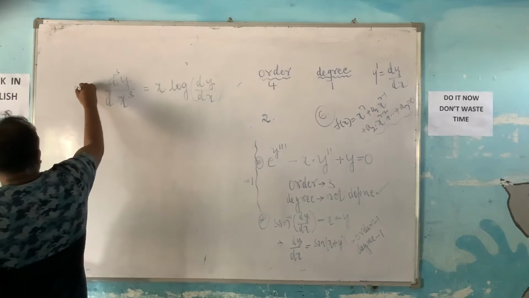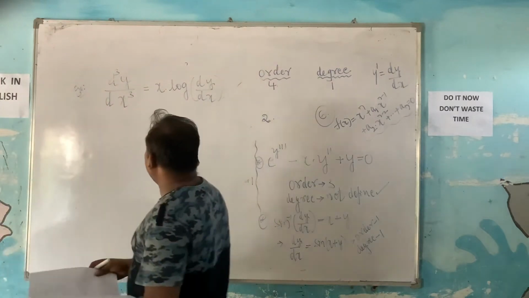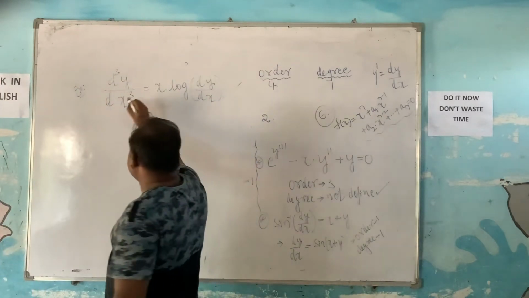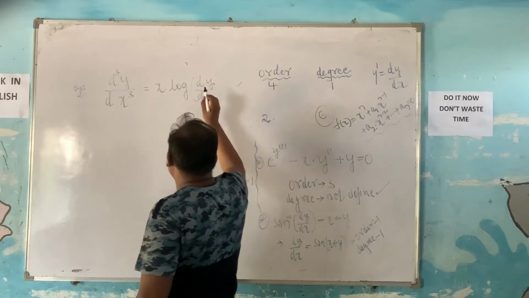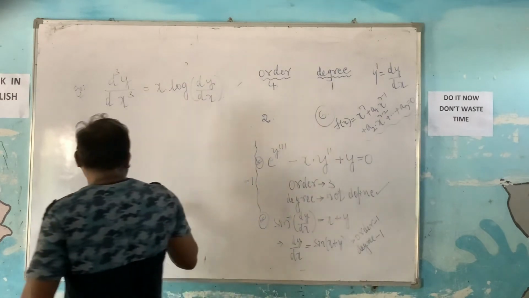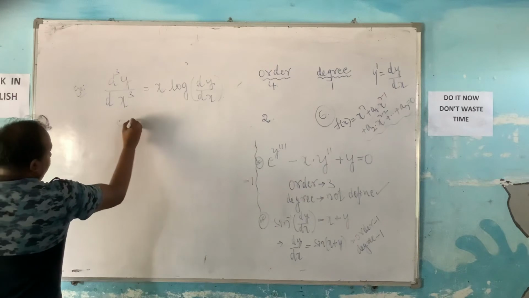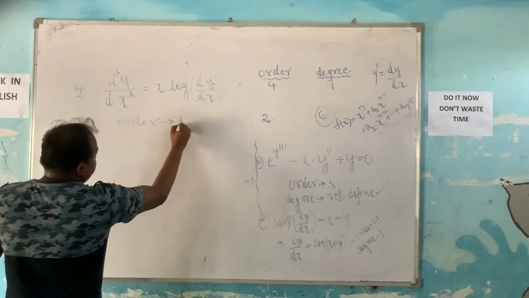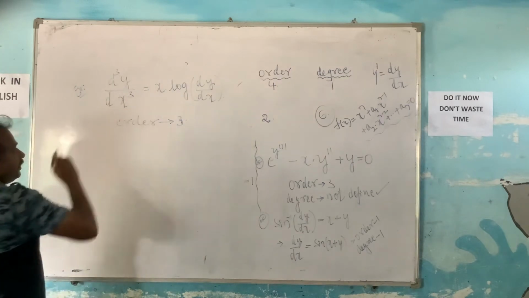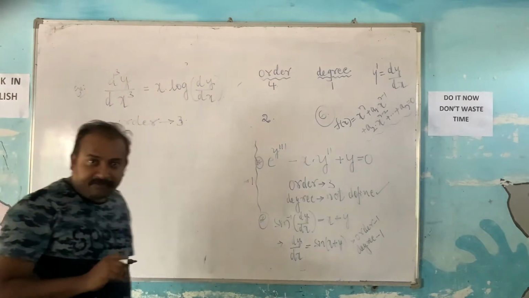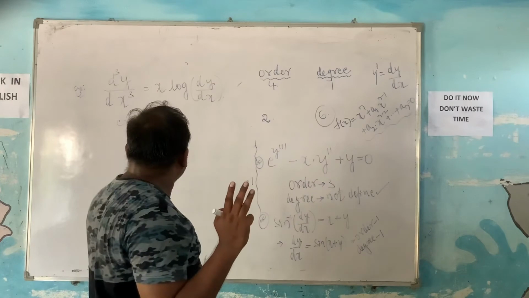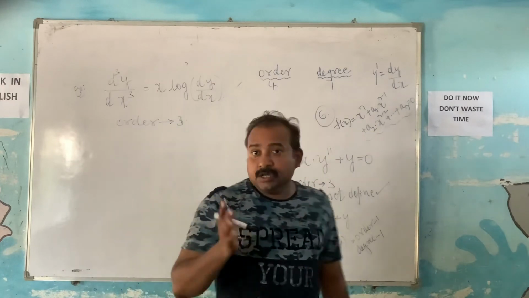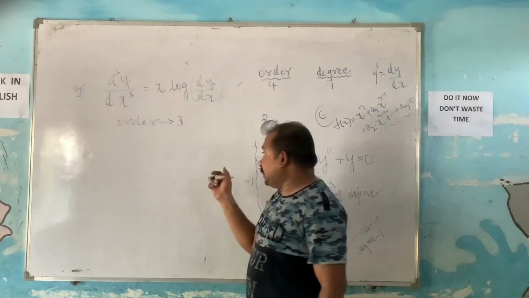This is the example: d cube y by dx cube equal to x into logarithm of dy by dx. So first of all, what is the order of this differential equation? The highest derivative involved in the given differential equation is 3, so order is equal to 3.